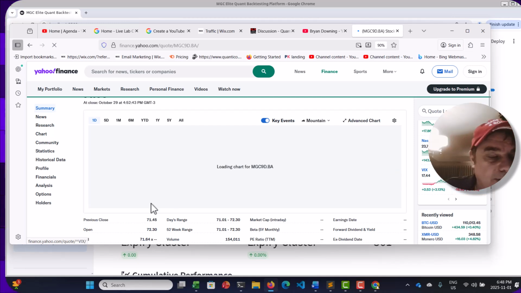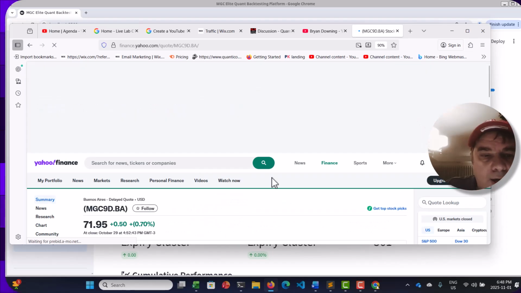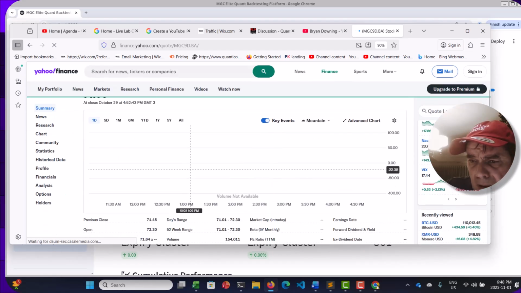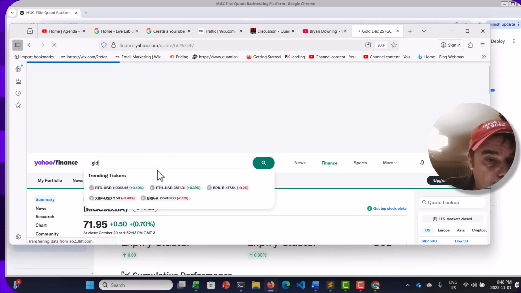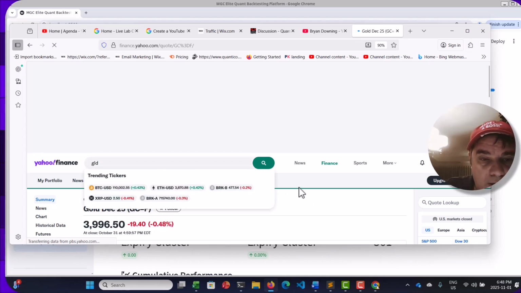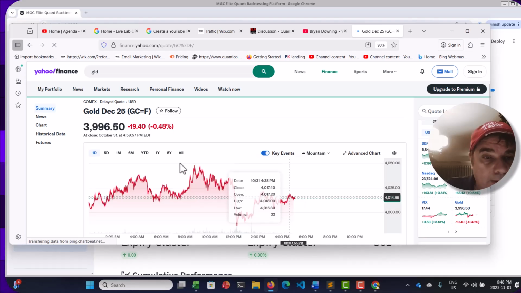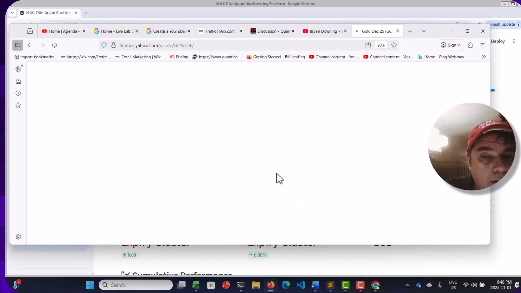I want to show this charting, or maybe better just to do gold GLD. Okay, here we go. Oh man, I'm really starting to despise Yahoo Finance over this.